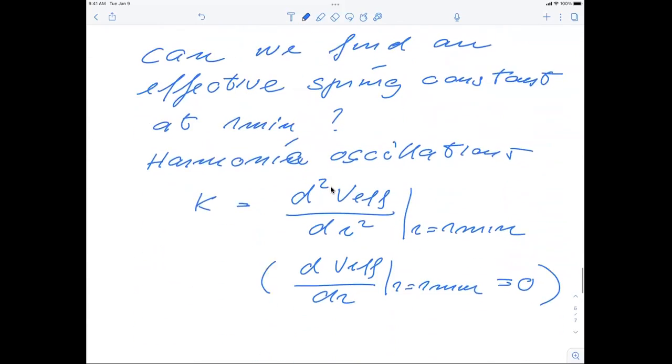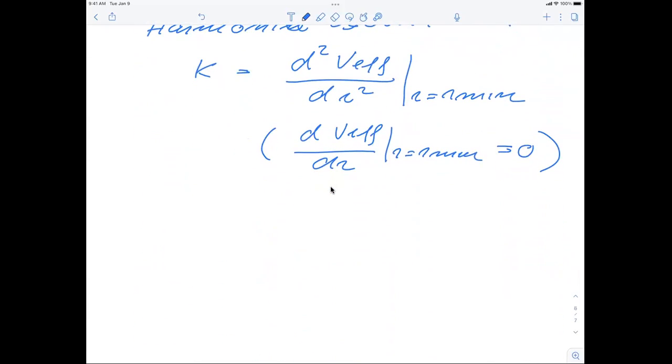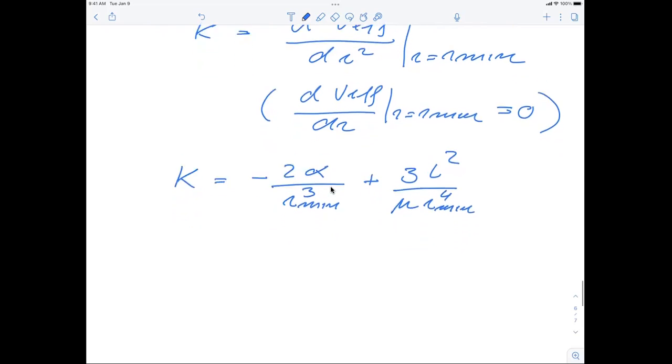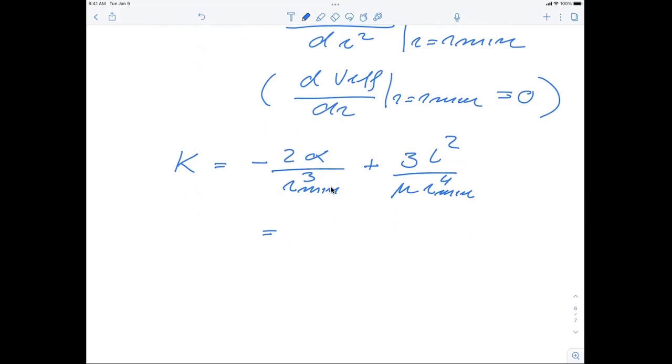So if I do that, what we get is the following. When I take the derivative and set in R min, this is going to be given by -2 times alpha divided by R min cubed, and then a plus 3 L squared divided by mu multiplied with R min to the power of 4. And when I do the algebra at the end, I'm going to get this answer here of mu to the power of 3, alpha to the power of 4, and L to the power of 6, if I did my algebra correctly.